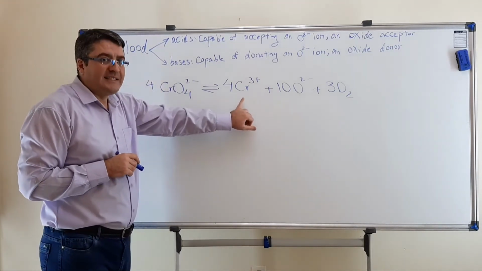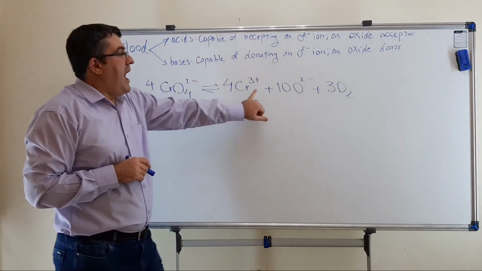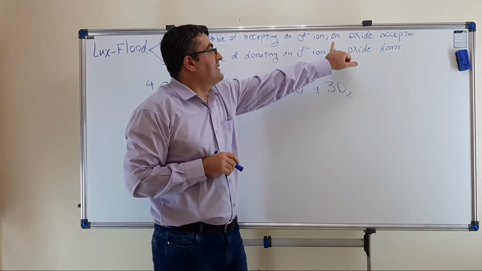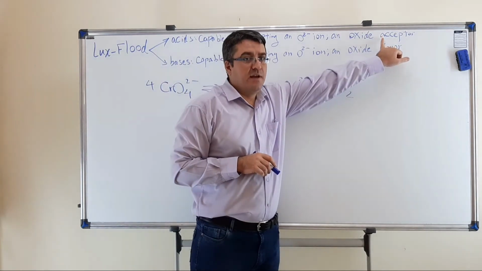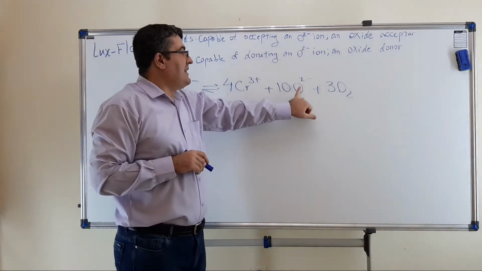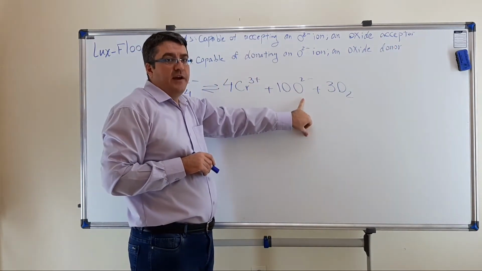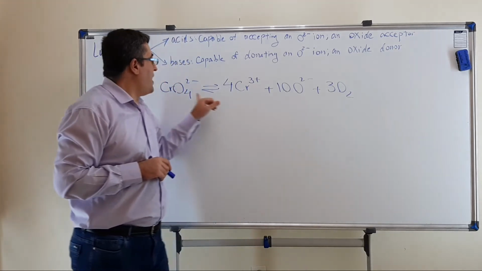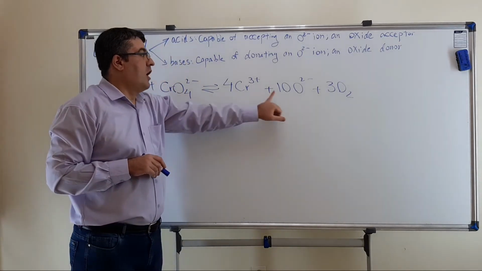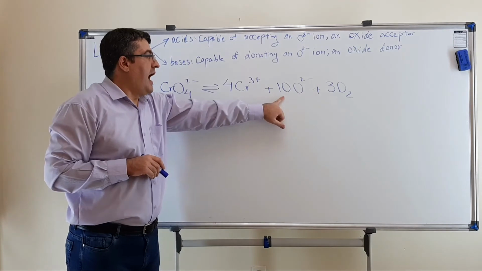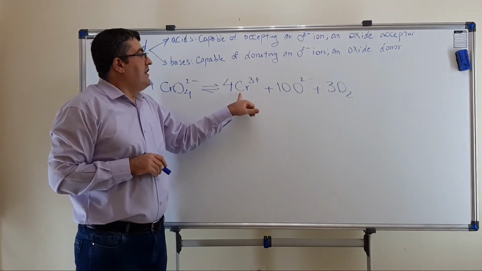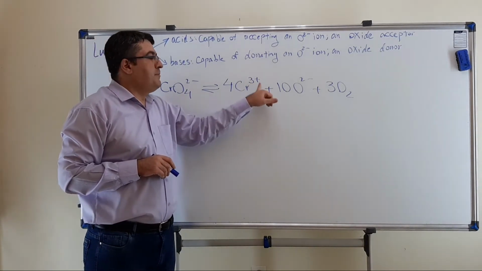If glass is acidic, as Lux-Flood acids are oxide acceptors, there is less oxide ion here, so this chemical equilibrium is shifted to the right, and we will have more Cr3+.